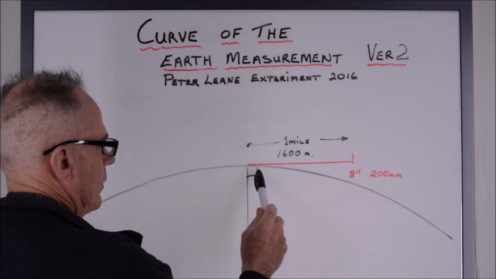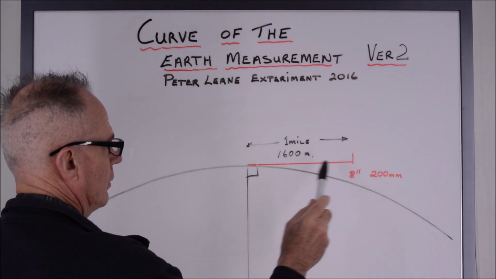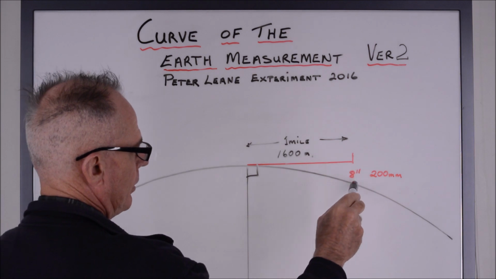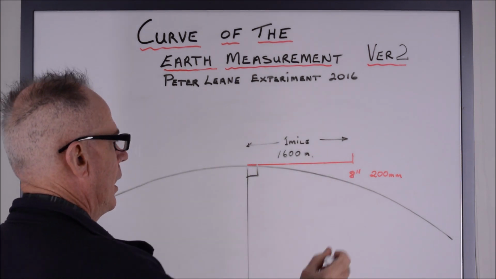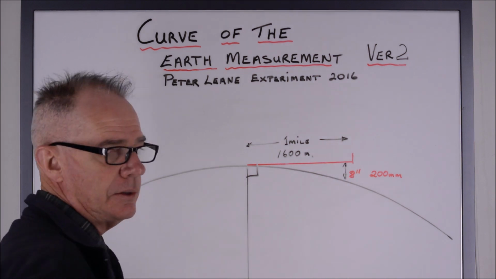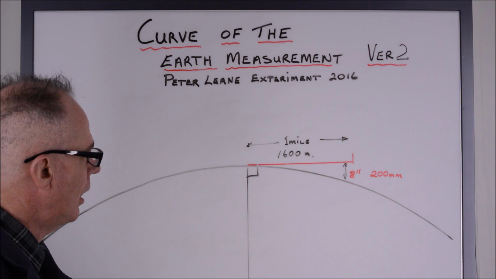As you know, the standard concept is this: over 1 mile, if you draw a right angle tangent to the Earth, you'll get an 8-inch drop to the Earth. That's if it's round. Now, at this stage, I'm saying it's round only as a hypothetical.